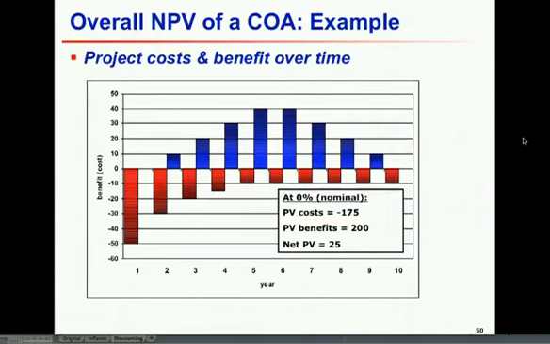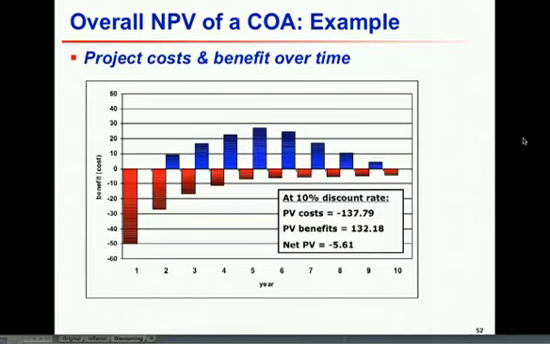If you go from slide 50 to slide 51, you can see that the percentage by which those bars get shorter is greater the farther out in the future it is, but it's not by a lot. If you only use a 3% discount rate, the present value of the cost in this case is negative 161 and the present value of the benefits is 175. It still makes sense with a small discount rate. The net present value is still positive. So if it's a go/no-go decision, this project makes sense.